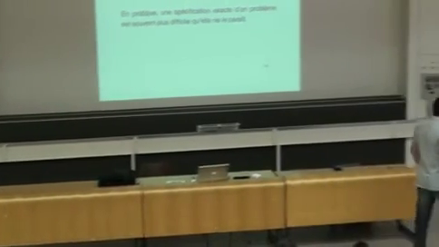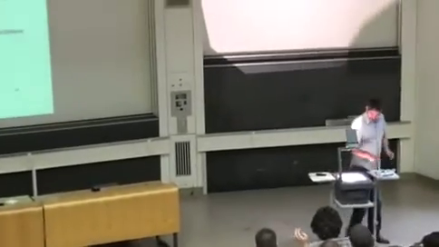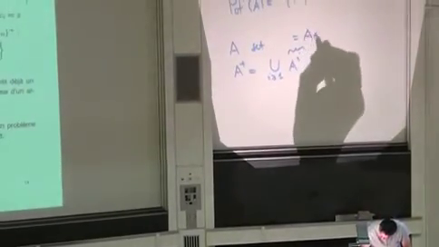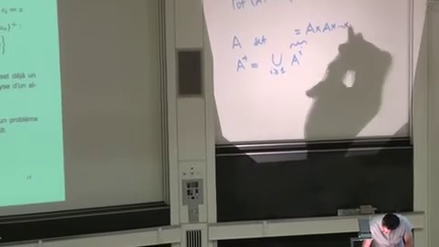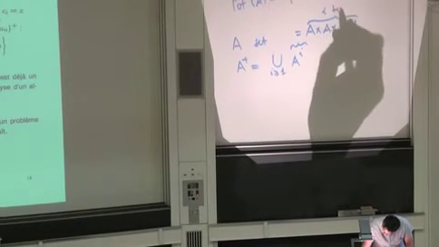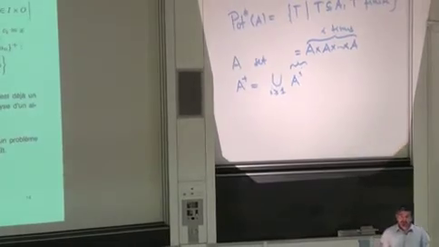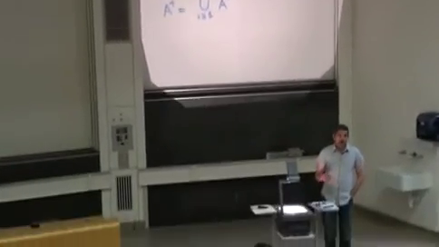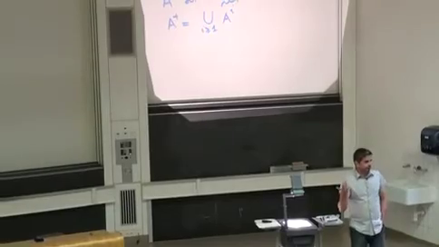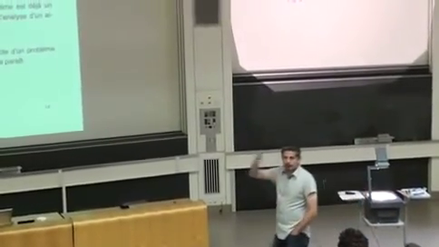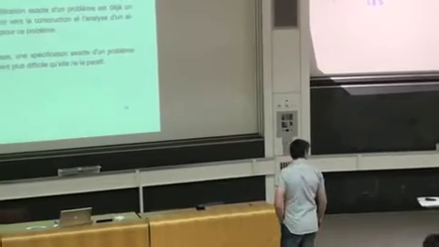A to the I is A times A times A, I times. But in the script, all of this is defined. So for the notation, what I would suggest is that you print out the script or put it on your laptop or whatever you want to do with it, but then go through the notation things that are not here.